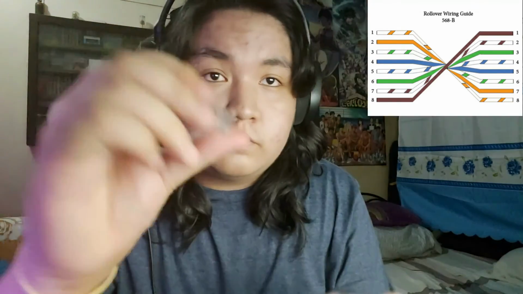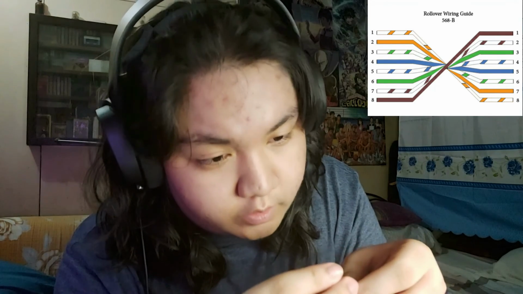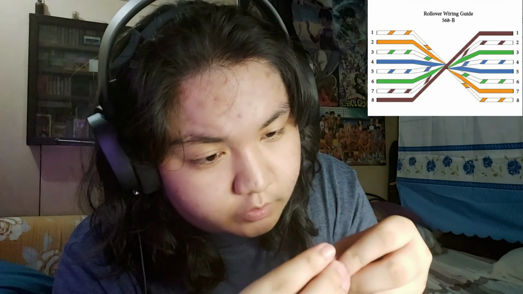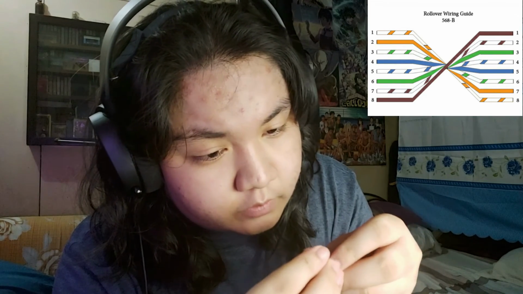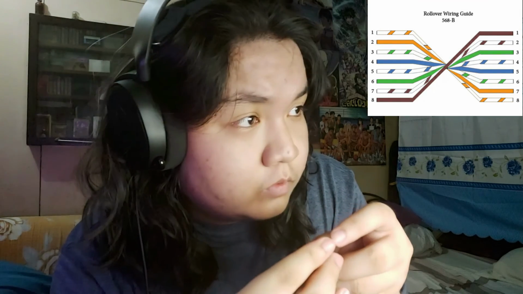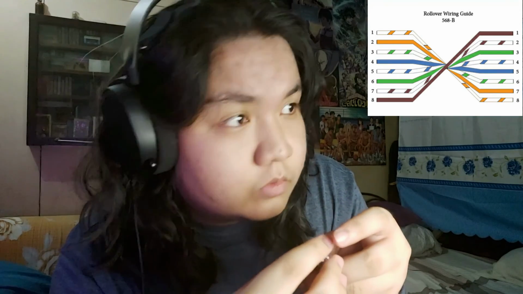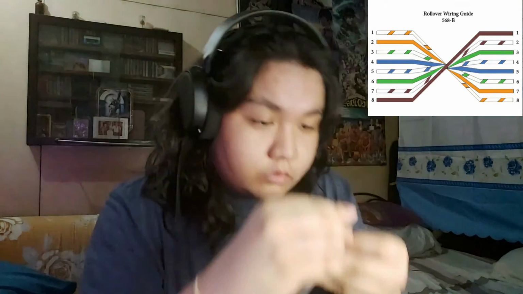Then simply insert it to your RJ45 carefully. Make sure that the pattern is correct. Brown, white, brown, green, white, blue, blue, white, orange. White, green.